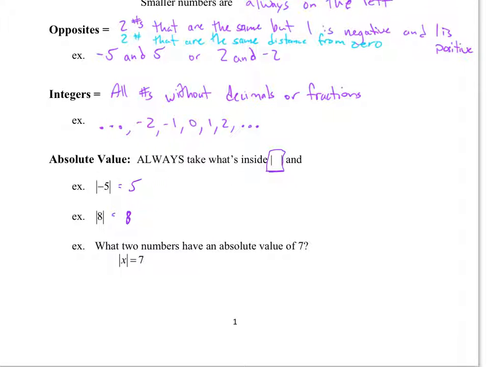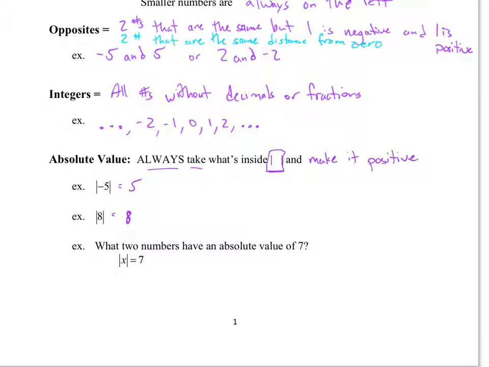Absolute value always takes what's inside and makes it positive. So if it's a negative number inside, you will make it a positive number. If it's a positive number inside, you will just rewrite the positive number.